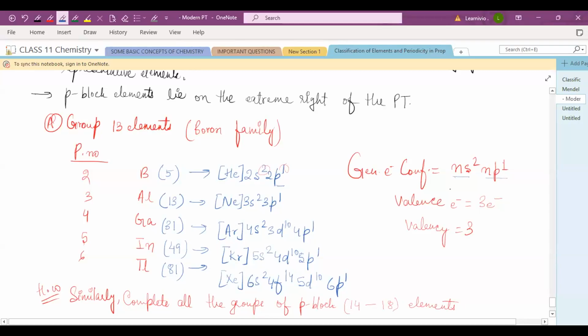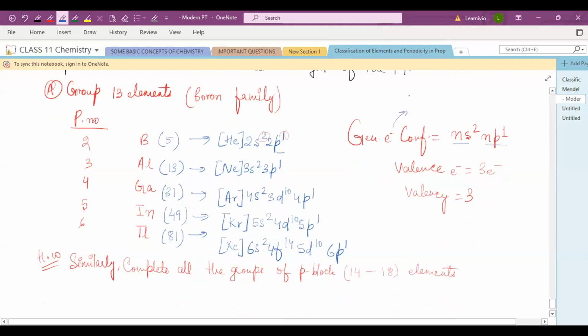अगर group 14 elements, then it will be np2. Similarly for group 15 elements, it's np3. So I'm writing the general electronic configuration for all the P block elements: ns2 np1 to 6. np1 किस case में होगा?